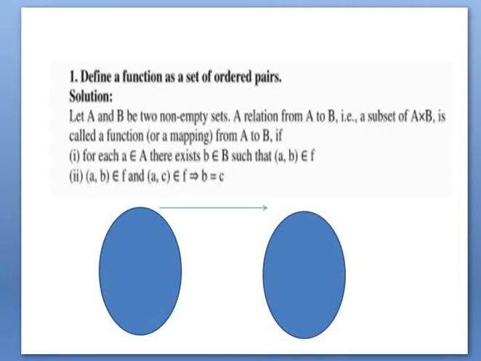Then it implies that b must be equal to c. So always remember, if an element of the first set has two images, then the images must be the same. Or you can say that for a function, one element must have only one image. So remember this point.